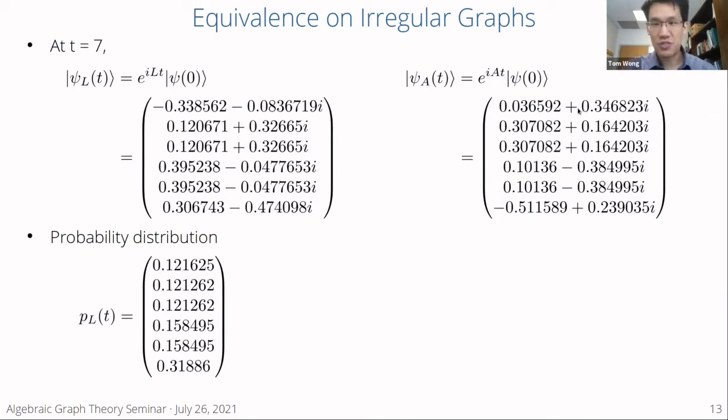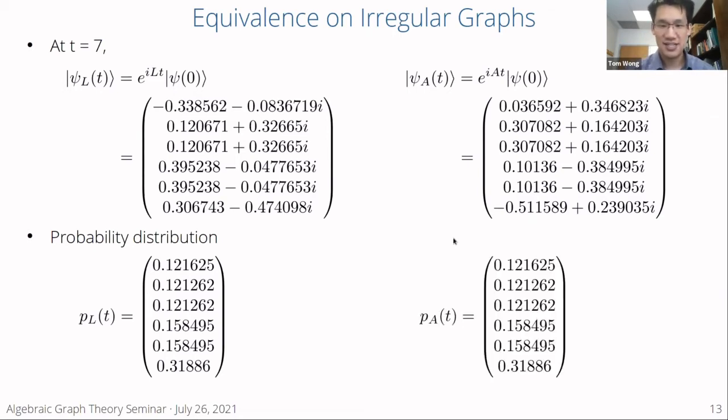And if you take the norm squared of each of these amplitudes, the probability distribution of the adjacency quantum walk is this. Now you can see they are the same. Oh my gosh, Josh, this is so obvious, that you should look at the probability distribution, but I had totally missed it. It was mind blowing how simple yet clever this observation was.